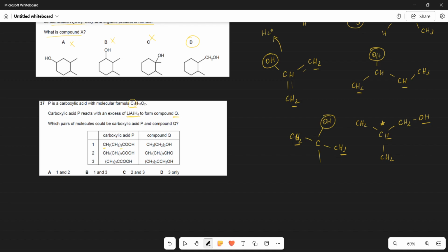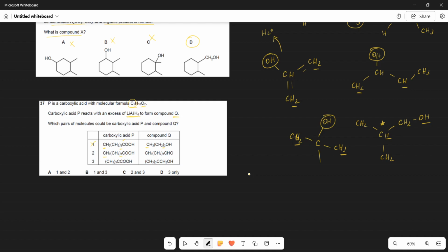So check the carbons in the carboxylic acid, 1, 3, 4, 5 carbons. And with lithium aluminum hydride, I'll get the same number of carbons with an alcohol reduction. But here you are having 1 plus 3, 4. So choice 1 is wrong.